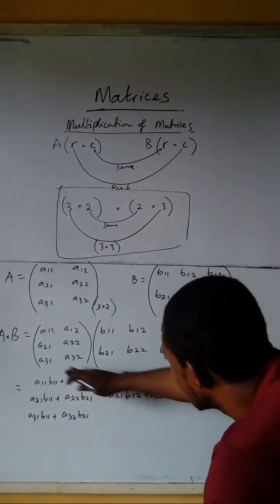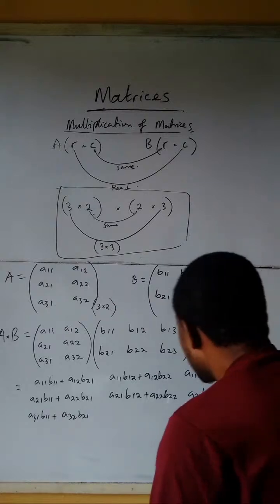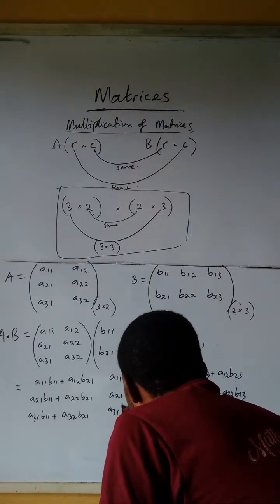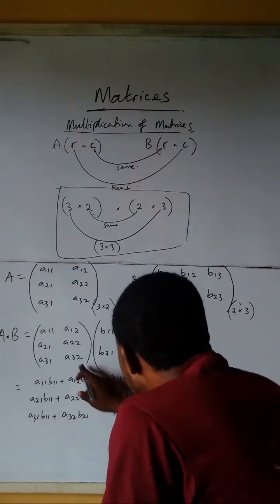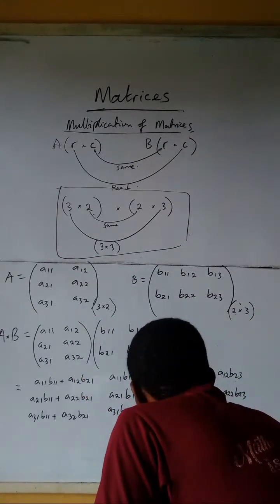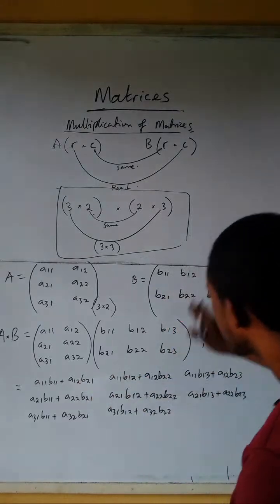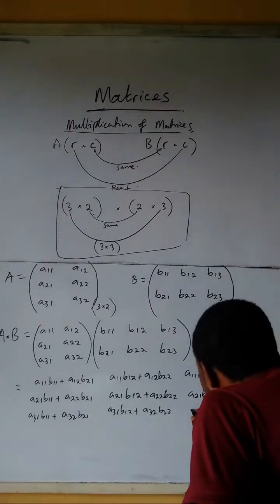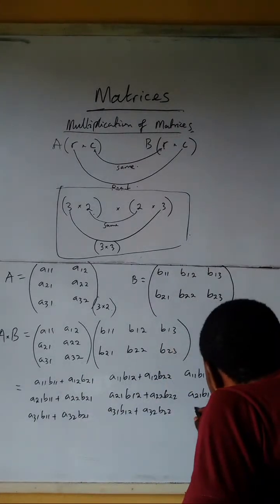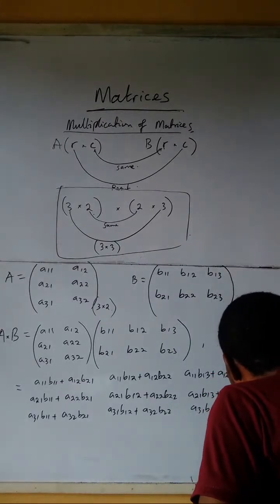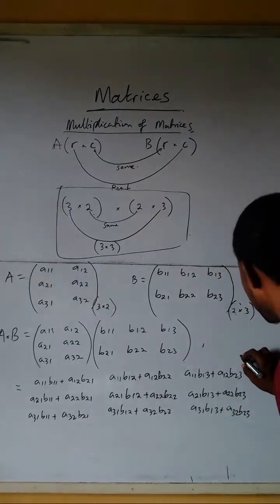Then use it for the next column as well. That's A31 times B12, then plus A32 times B22. Then use it for the last column, and we have A31 times B13, then plus A32 times B23.